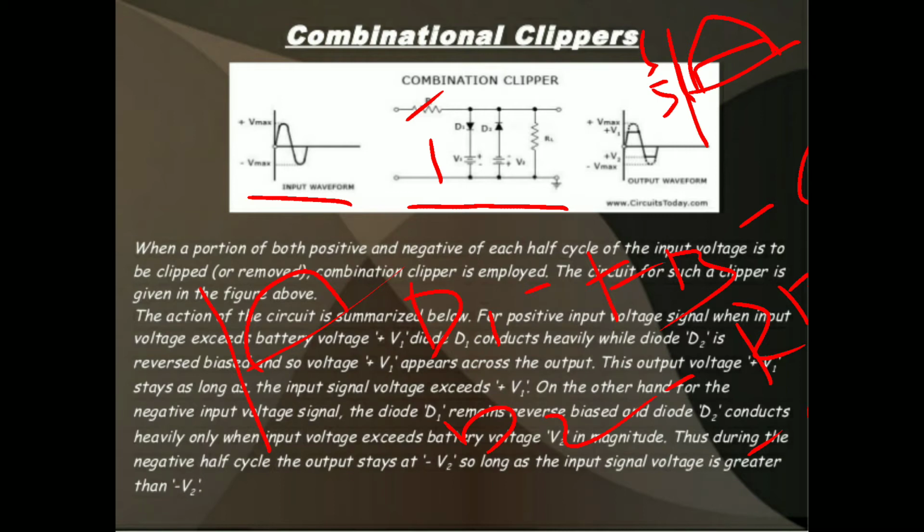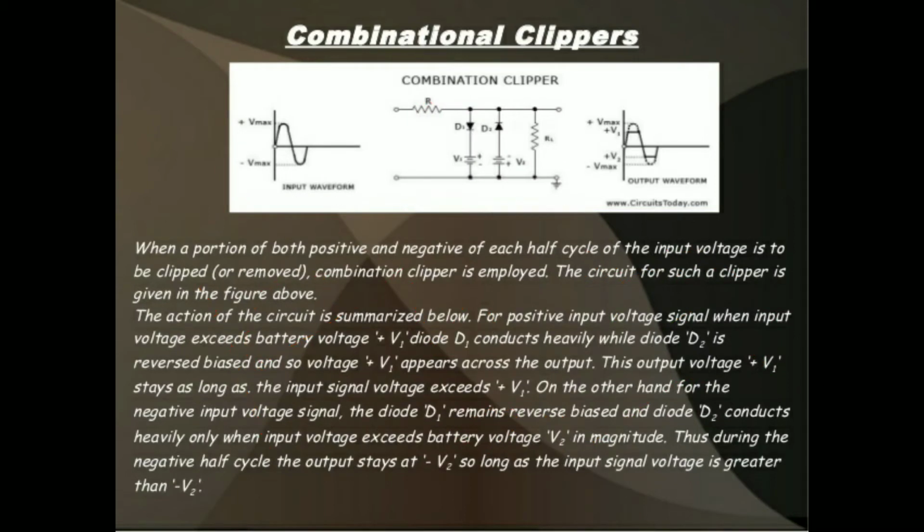Let us consider the other half cycle, that is the negative half cycle. During the negative half cycle, diode D1 goes to the reverse bias condition and diode D2 is in forward bias condition.